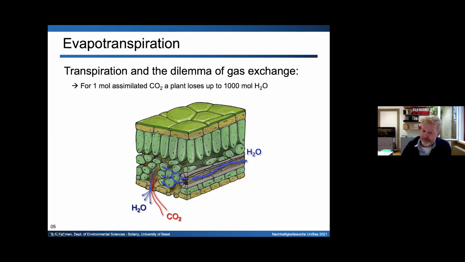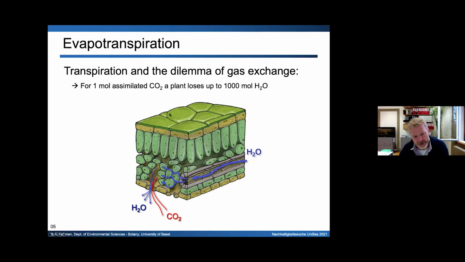And what you can see here is a cross-section of a leaf. You all know that one process that distinguishes plants from all other organisms is their ability to take up CO2 from the atmosphere and to perform photosynthesis. Now, a key requirement for photosynthesis is that CO2 can actually enter the leaf. And leaves are typically sealed from the environment with waxy layers.